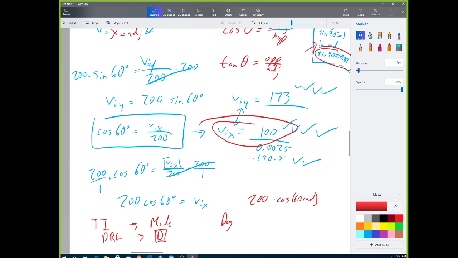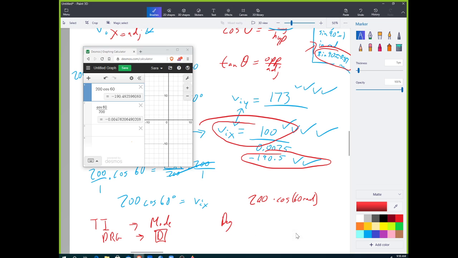Another one, it could just show degrees on your calculator. They all work a little differently. So if you got this answer at the bottom, means you're in radians. If you're using Desmos like me, it will default to radians. If you want degrees, you have to change it manually because it will always go to radians first.